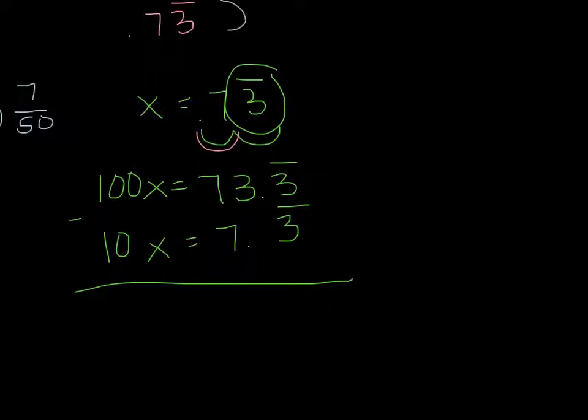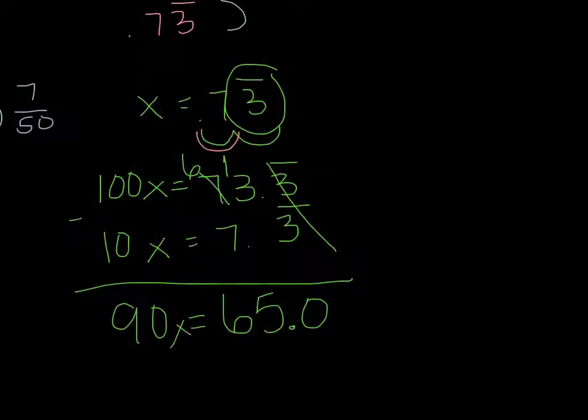So if I am subtracting, the 0.3 repeating is going to cancel out. I'm going to have 0. 3 minus 7, I'm going to need to borrow. 13 minus 7 is 6, and that's a 0, so I'm going to have 65. And remember, 100x minus 10x is going to be 90x.